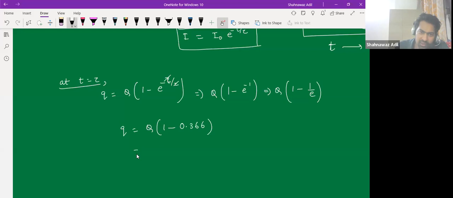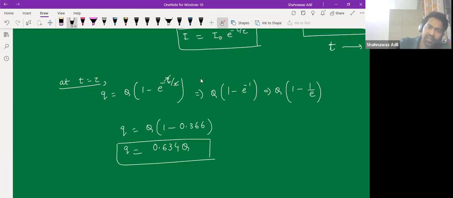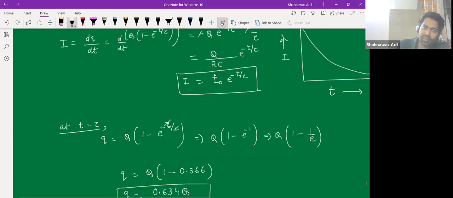And then 1 minus that would be how much? So 0.632. So at t equal to tau, Q would be this, and current would be how much?